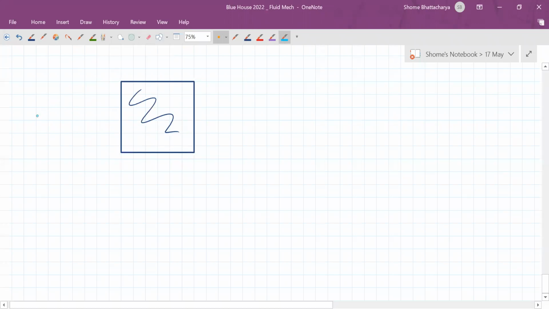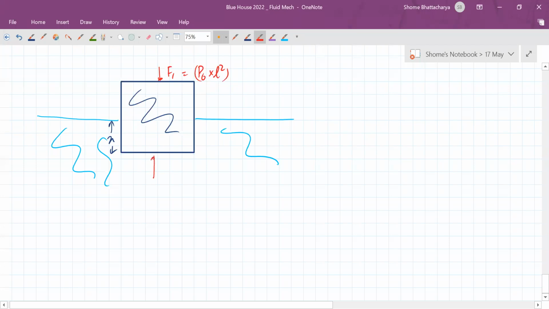If we have something which is partially submerged, let's say the portion which is submerged is X. This surface will experience a force of atmospheric pressure into whatever area, whereas this surface will experience a force of atmospheric pressure plus rho g x into the same area.